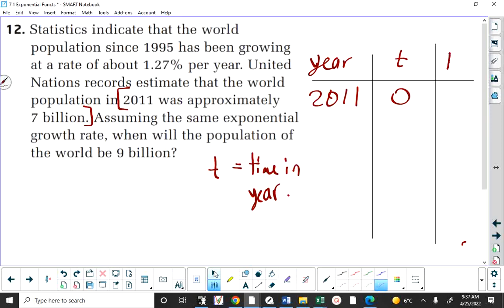So the population here is 7 billion. I'm just going to put B for billion. I don't think it's really necessary for us to write all those zeros. The question is, when will the population be 9 billion?